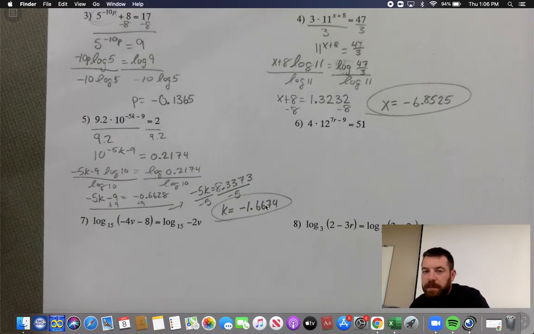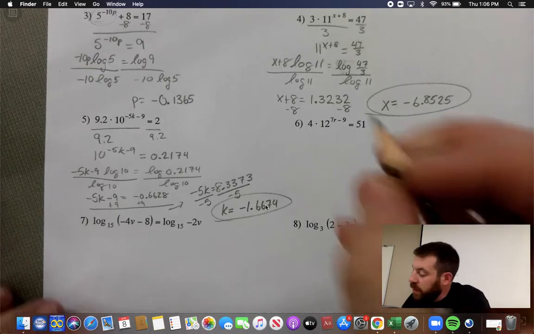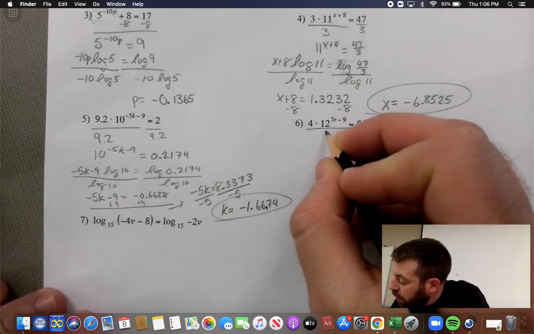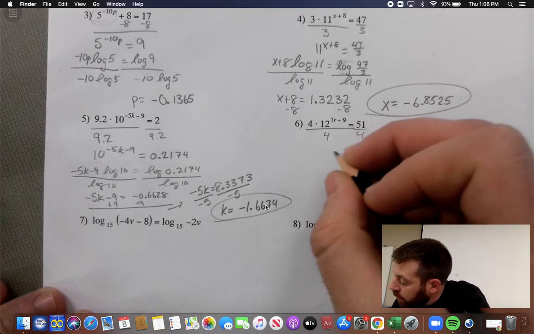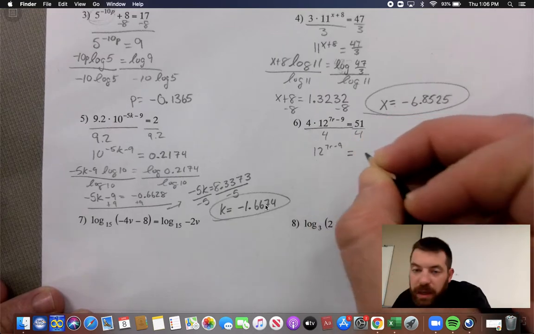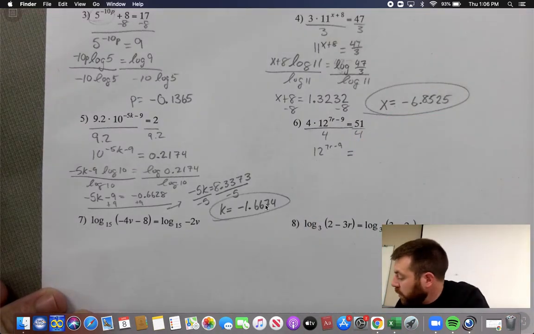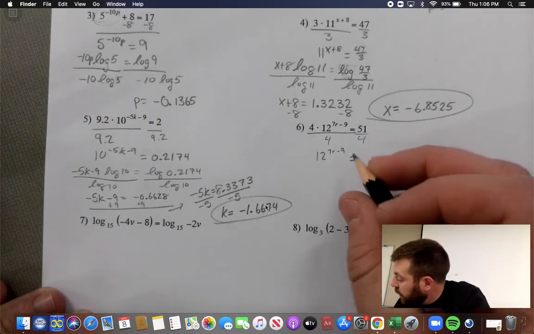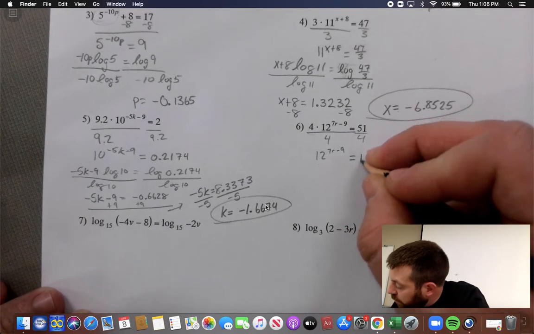Okay. On number 4, same scenario here, guys. We're going to divide by 4. Divide by 4. And so now I have 12, 7r minus 9 equals, okay, I look over here, 51 divided by 4 is 12.75.